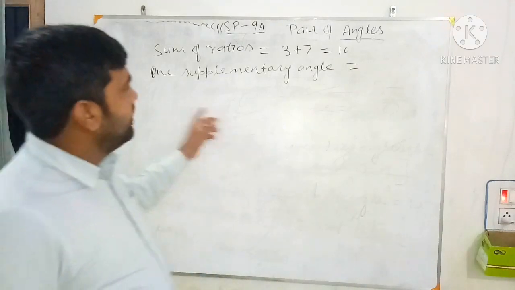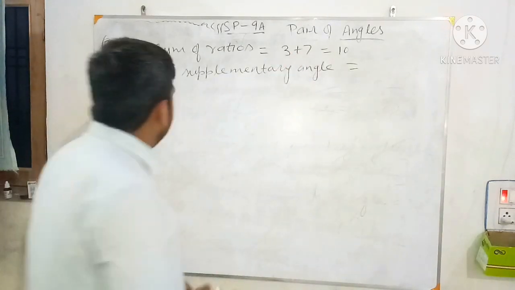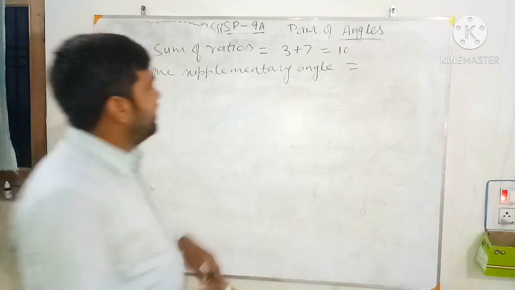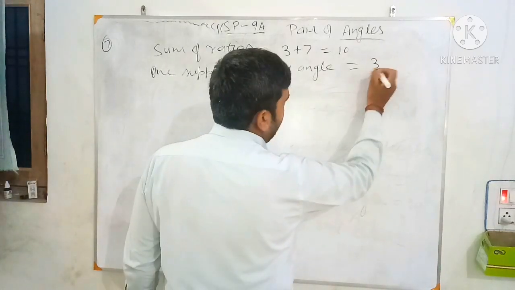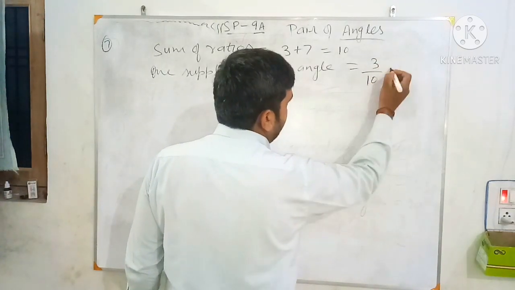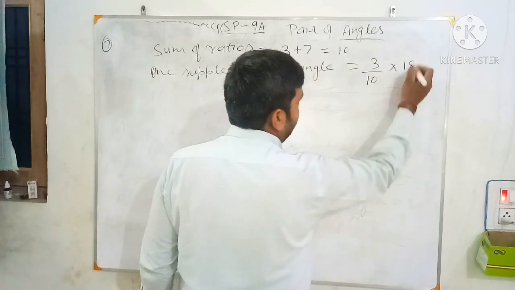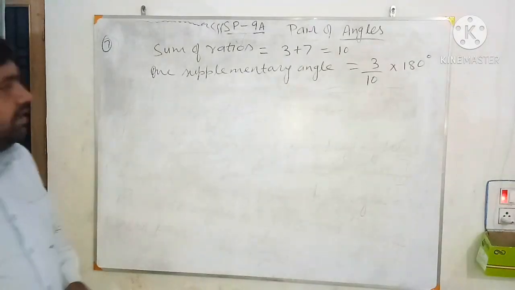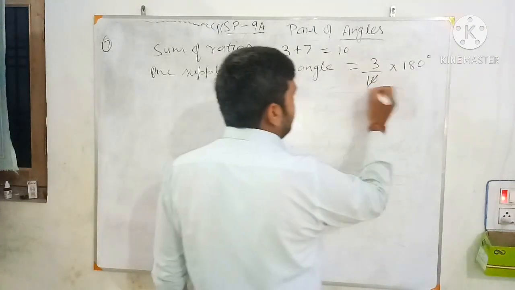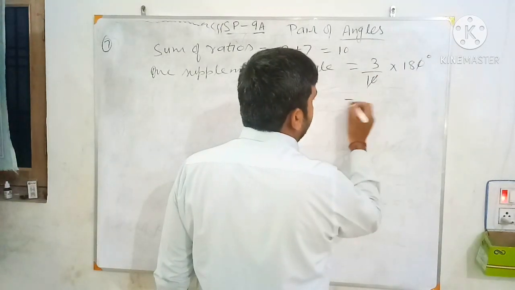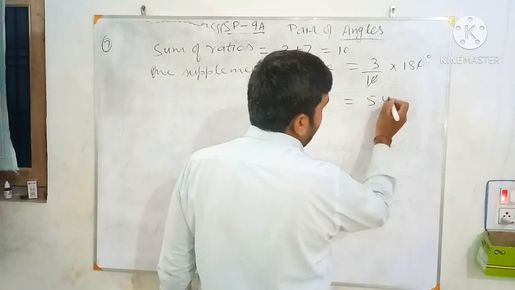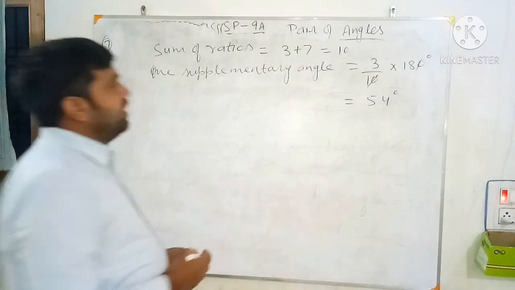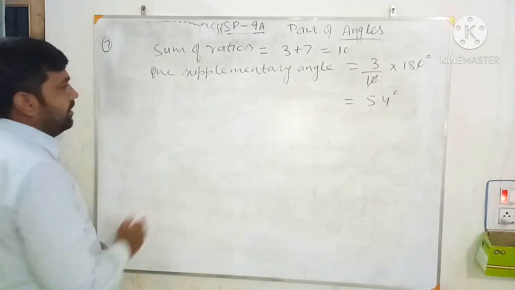Out of 10, 3 parts. So the fraction of the first supplementary angle is 3 by 10, and the sum of the supplementary angles is 180 degrees. So you find 3 by 10 of 180 degrees. The 0 is cancelled, 3 into 18, 18 threes are 54. So the first supplementary angle you got is 54 degrees.